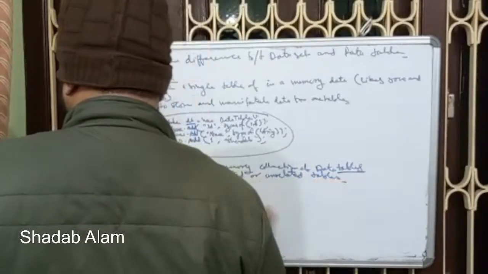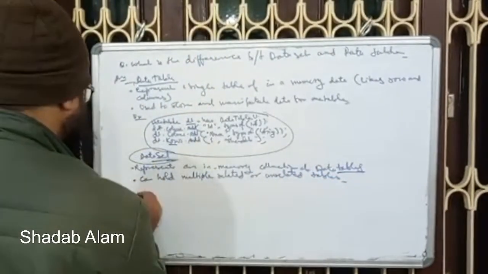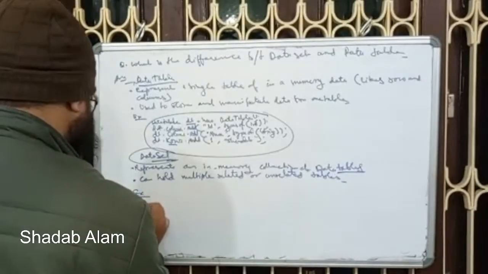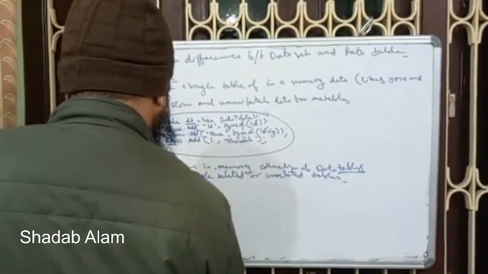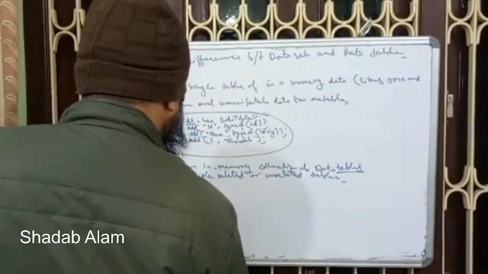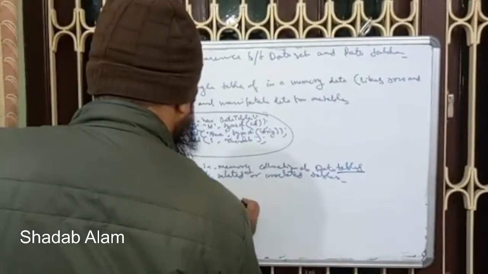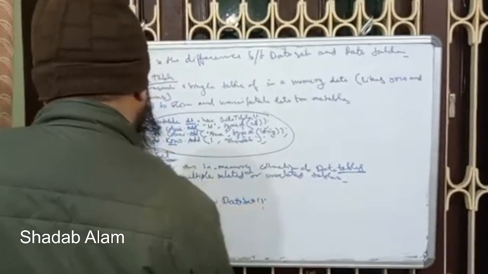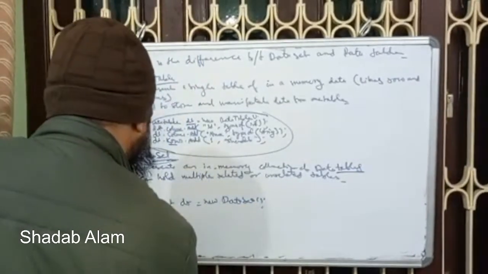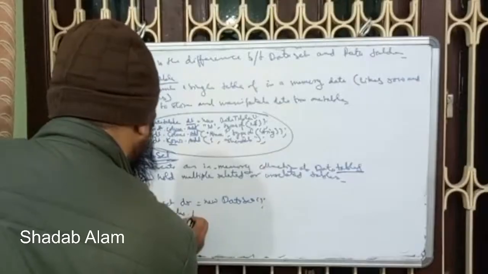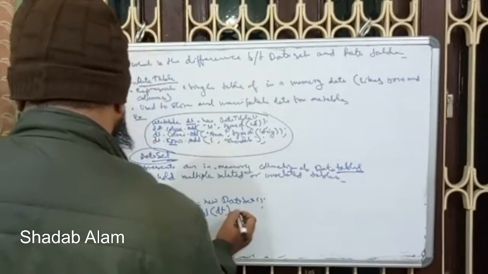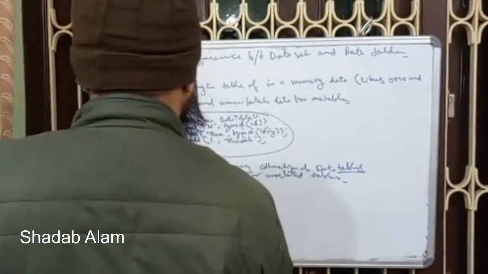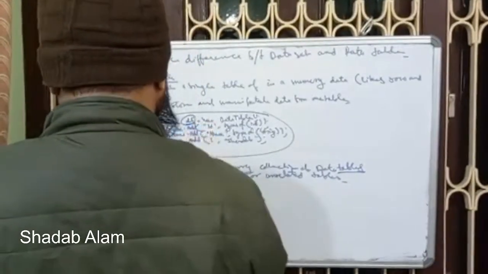Example: DataSet ds = new DataSet, and ds.Tables.Add dt.